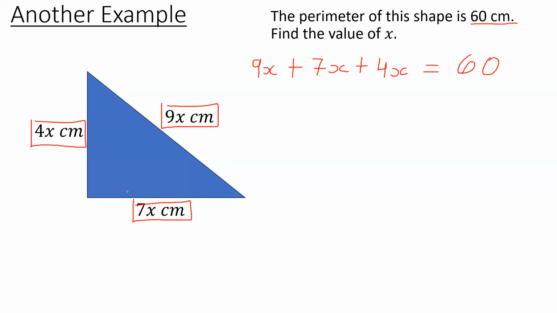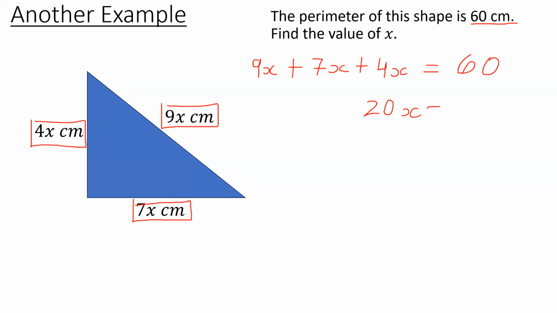Okay. Now, what is 9x plus 7x? 16x. And what is 16x plus 4x? That's going to be 20x.